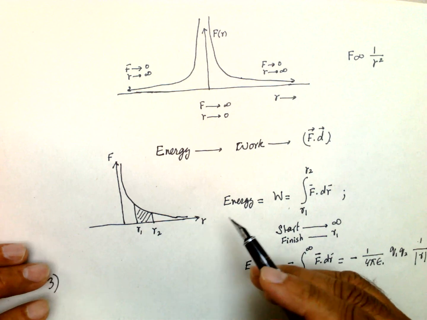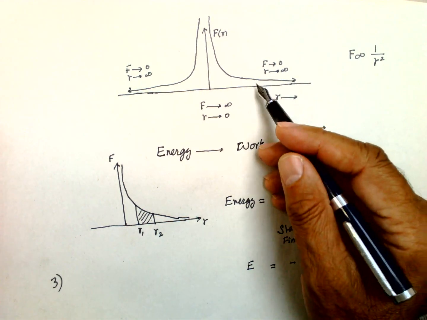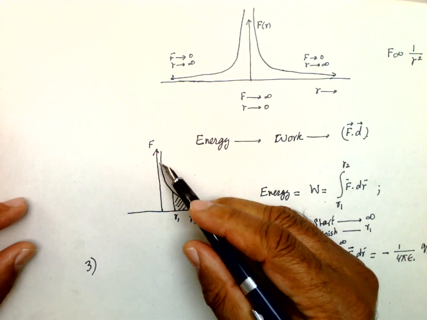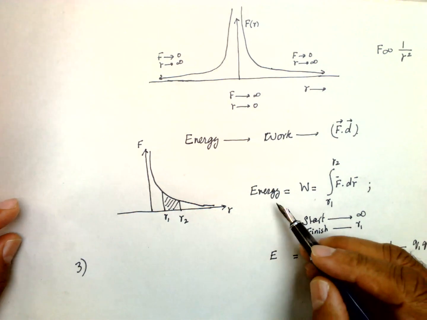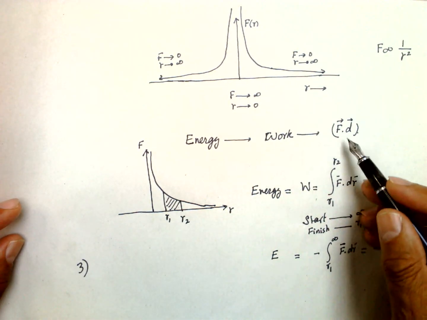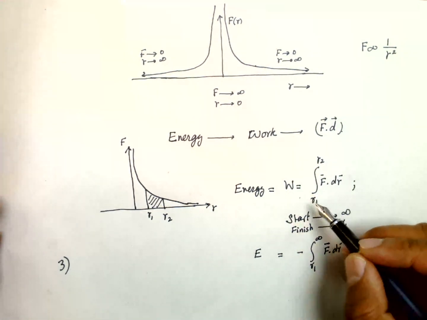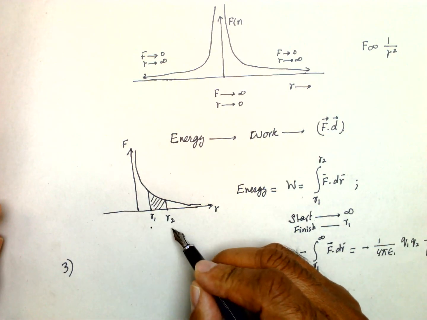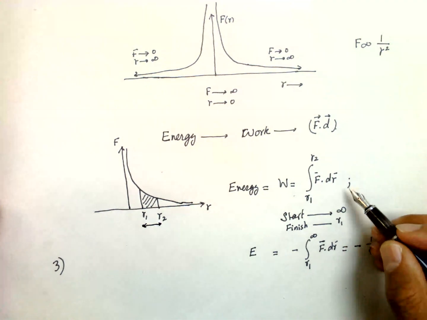What is the energy of bringing an electron from a far distance to another distance? This is the force, and this is R1 and R2. Energy is work. Work is force F dot D, where D is a displacement, here R1 to R2. So bringing a particle from R1 to R2, how much energy is required.